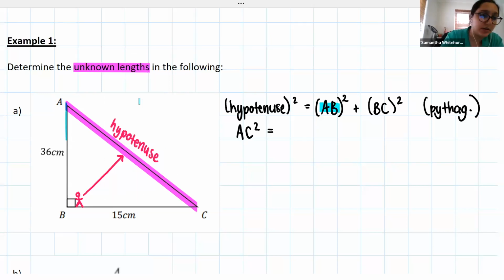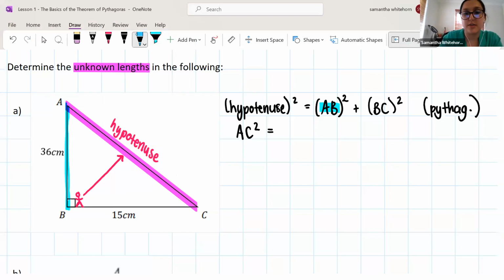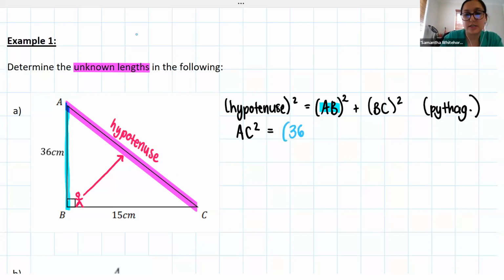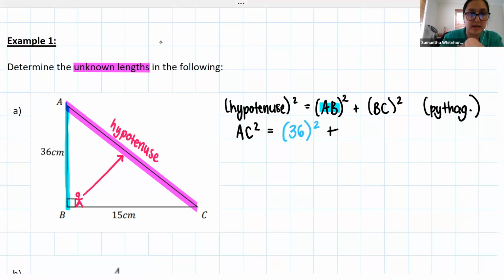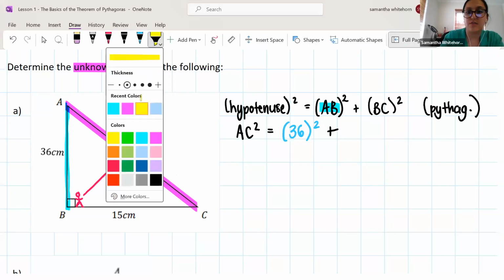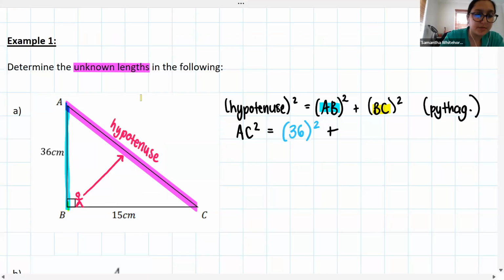Right, so if we go here, AB's value is this 36 centimeters on the side. Because I know that, I can substitute that value in. So 36 squared. If I now go back to my triangle, I want to see, do I know BC's length? Yes, I do. It's given to me as 15 centimeters because BC is the side length down at the bottom.